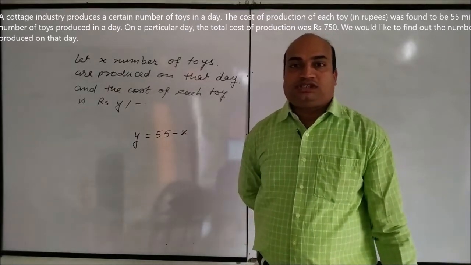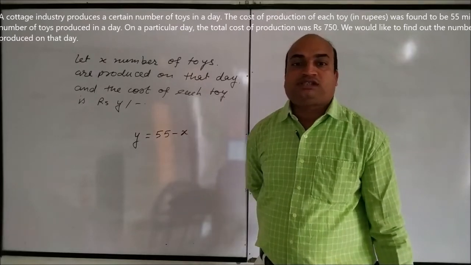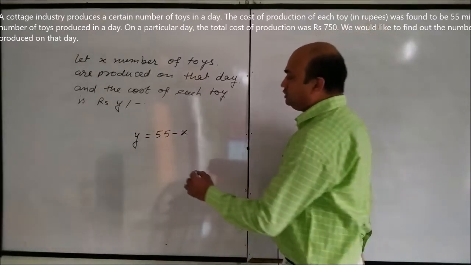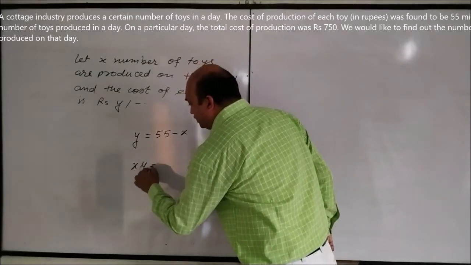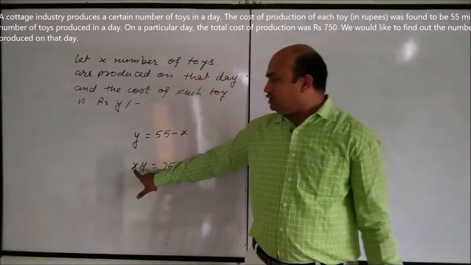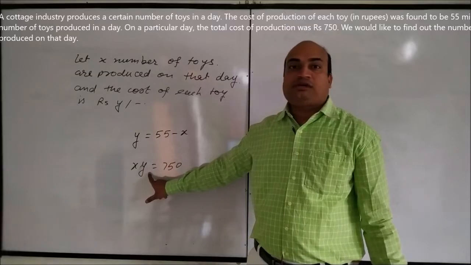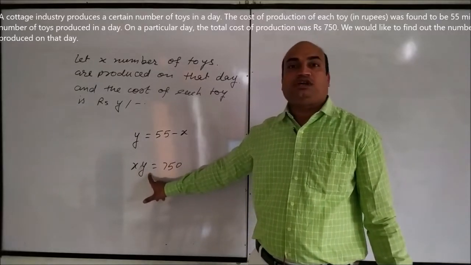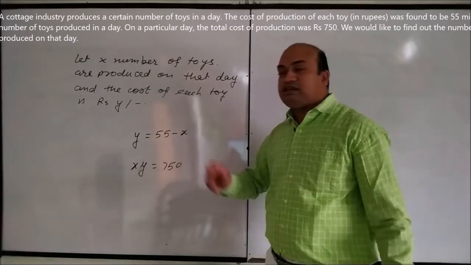Now in the question it is said that the total cost of production was rupees 750. The total cost of production will be x into y, that is 750 rupees given. You see, number of toys are x and cost of each toy is y. So xy is the total cost of production, that is 750.